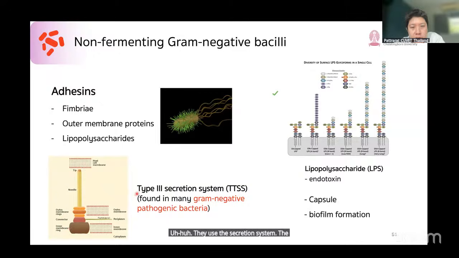The type 3 secretion system is one of the most important; it injects into the host cells and secretes toxin to cause host cell damage. And they can also produce capsule and biofilms to protect them from the immune response and from antimicrobial penetration.